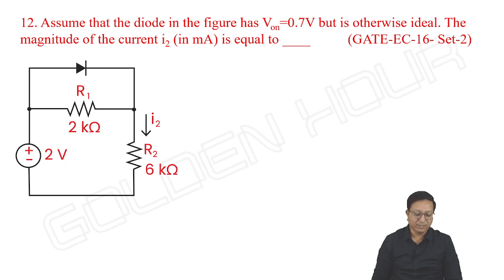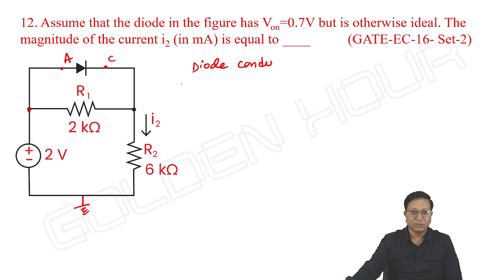First of all, if you observe this, the anode of the diode is connected to plus 2 volts and the cathode is going to ground. The diode conducts, definitely. It looks like the diode is on.